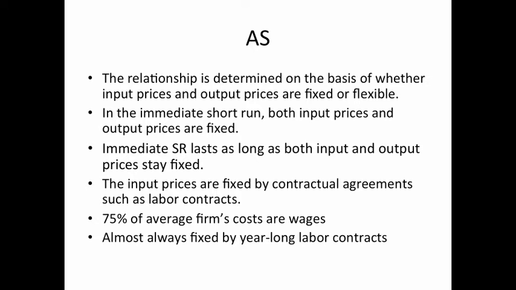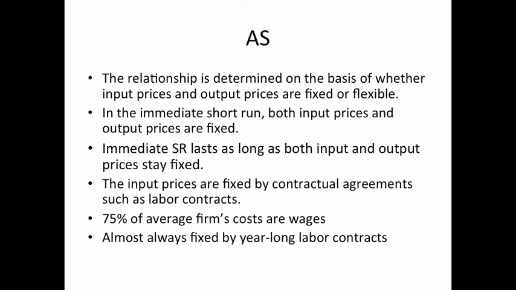When thinking about aggregate supply, as I mentioned earlier, there are different time periods that we must consider. Essentially there are 3 time periods that we talk about. The overall relationship of production of goods and services to the price level depends on our assumptions about input prices and output prices. Inputs generally are the resources that a company uses to produce the good.